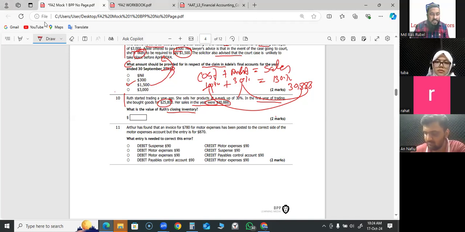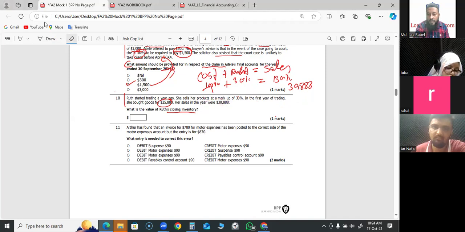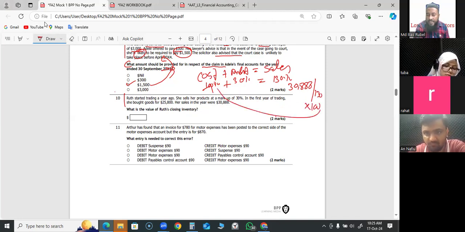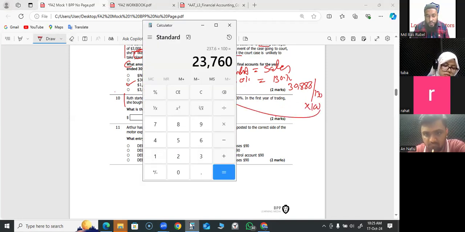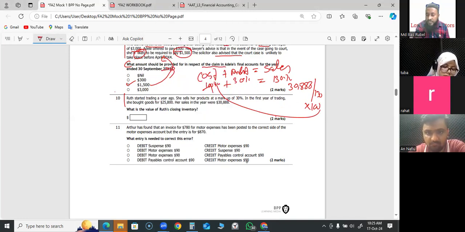Again, how did I get it? Let me show you. 30,888 represents 130, divided by 130 times 100, and I get this figure, 23,760. Then read the question further.